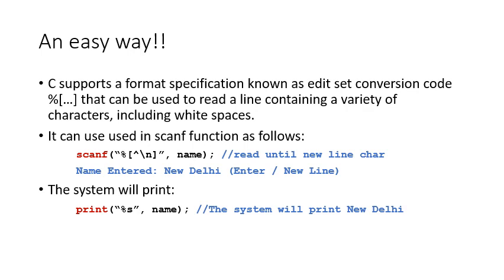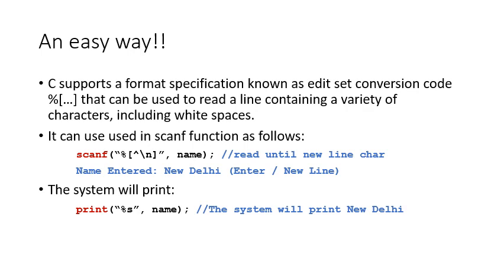C supports a format specification known as edit set conversion code. This is a special conversion code that can be used to read a line containing a variety of characters including white spaces.